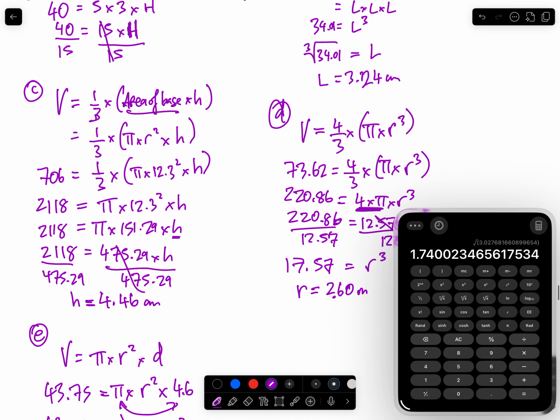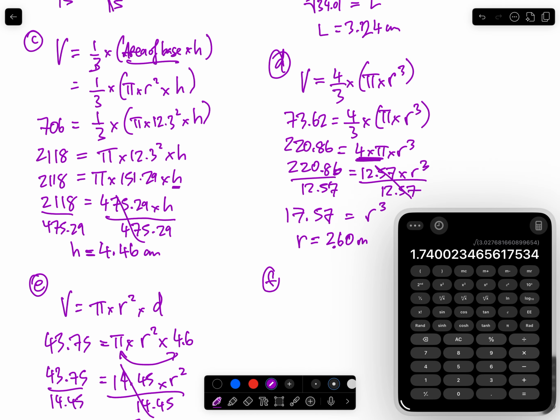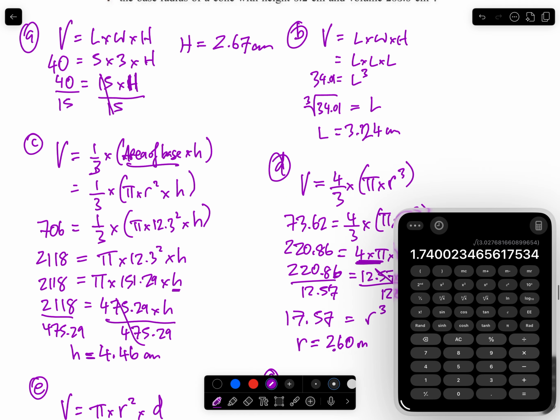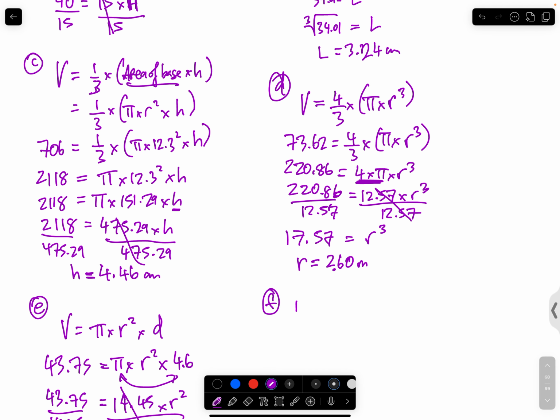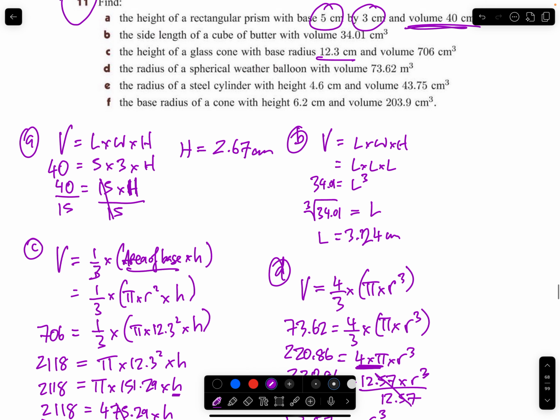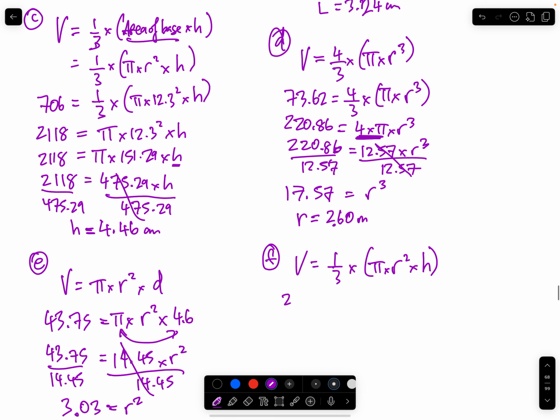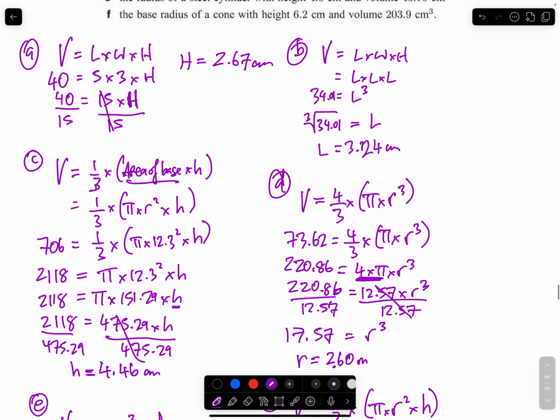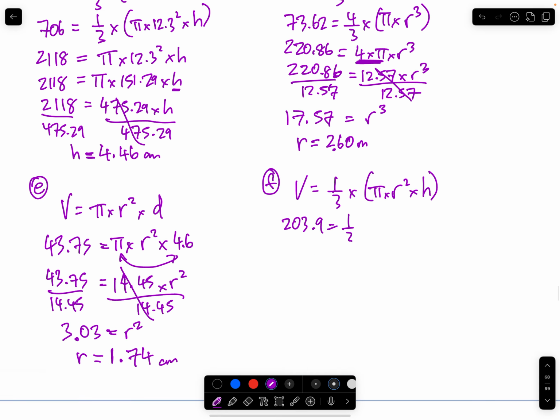F, base radius of a cone. We know the volume, so the volume of a cone is 1/3 times by the area of the base of the cone, which is a circle, so pi times by radius squared, and times by the height of the cone. The volume of this cone is 203.9, replaces V. 1/3 is the same.